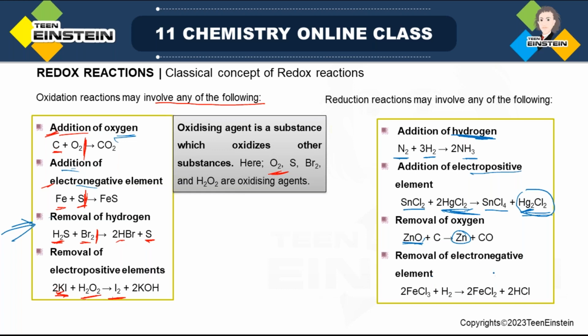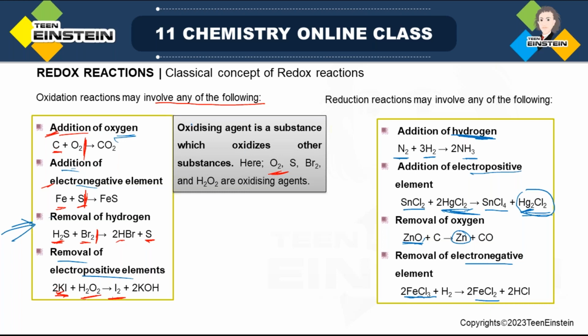And the last example, removal of an electronegative element. In the oxidation reaction on the left hand side, we saw removal of an electropositive element, and here it is removal of an electronegative element. Which one? FeCl3. After the reaction it is FeCl2, that means one chlorine part is removed. So that is why it is electronegative element removal.